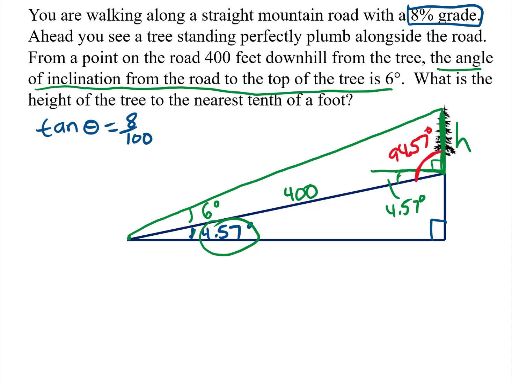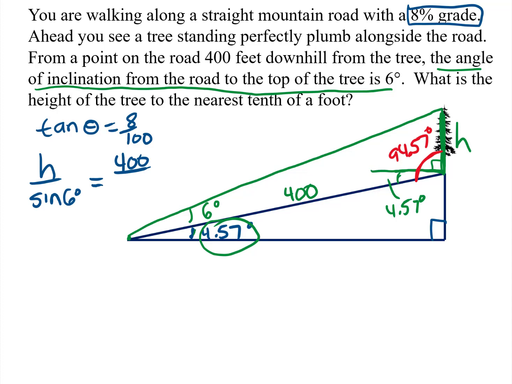So now, looking at our oblique triangle there, that top triangle, we have an angle, a side, and an angle. So we can figure out what we want, which is the one side of the triangle, h. So we're going to use the law of sines, and we're going to say h over the sine of the angle opposite h, which is 6 degrees, is going to equal 400 over the angle opposite the 400.